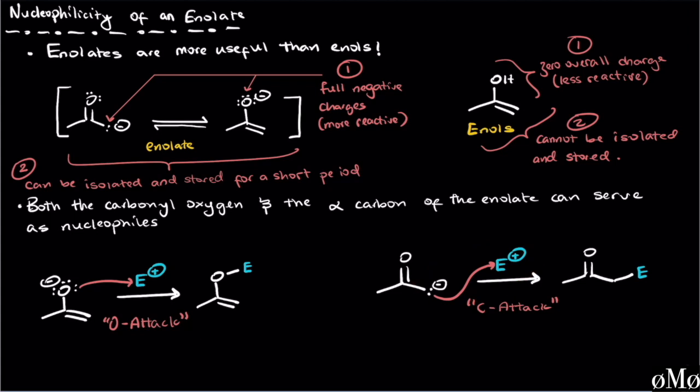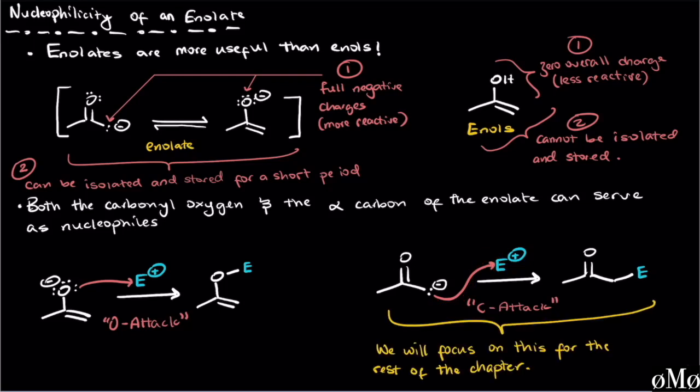It turns out that even though oxygen is more comfortable with that negative charge, the carbon with a negative charge is more nucleophilic than the oxygen with a negative charge, which means that the majority of the reactions that occur are the C attack, where the carbon is the one engaging in the nucleophilic attack.